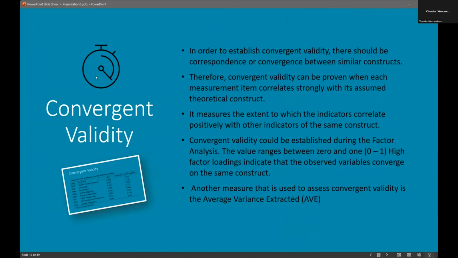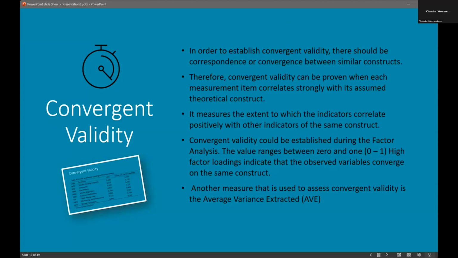So here we are talking about convergent validity. There should be a sort of correspondence or convergence between similar constructs. Now, you have already gone through your research and developed a conceptual framework. You have several construct variables, concepts in your research conceptual framework.